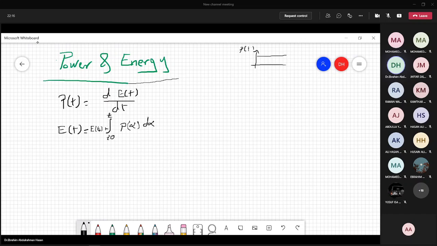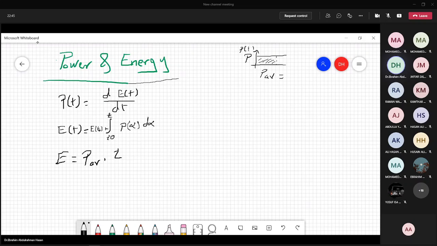So then P average equals the value of this P. Energy is the area under the curve, so energy equals P average multiplied by time. If you need energy until here, it is the area under the curve of this. If it is not constant, then you need to use integration.